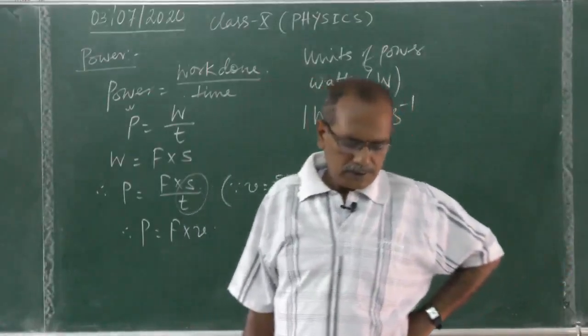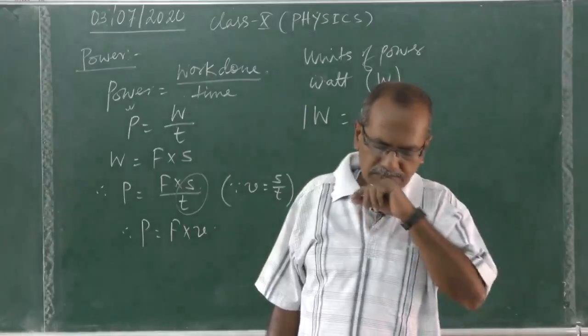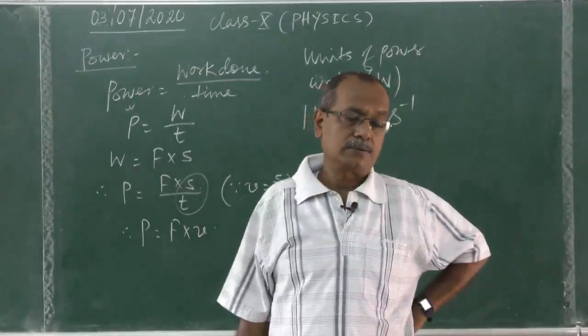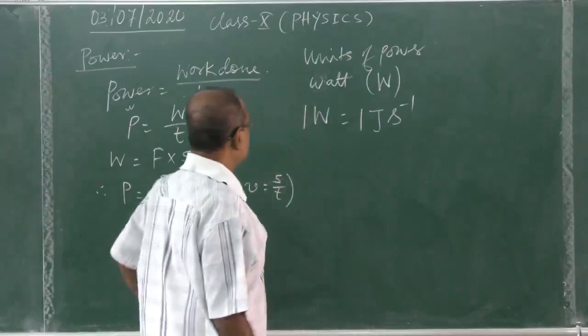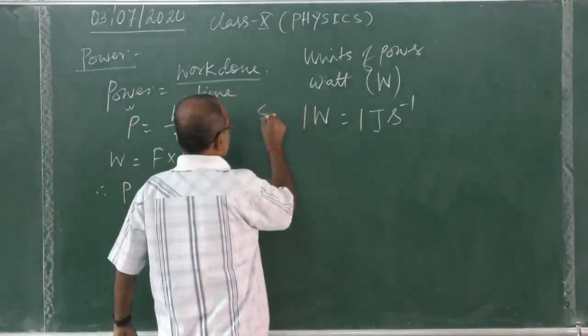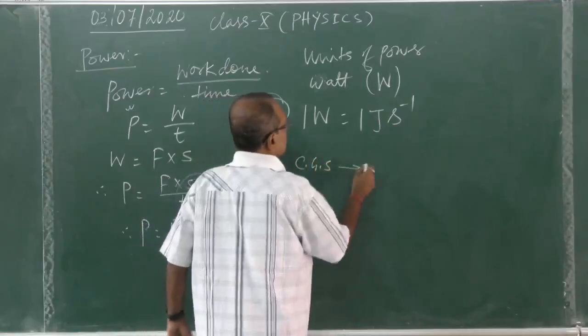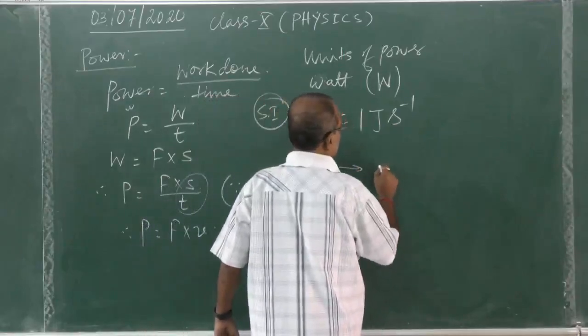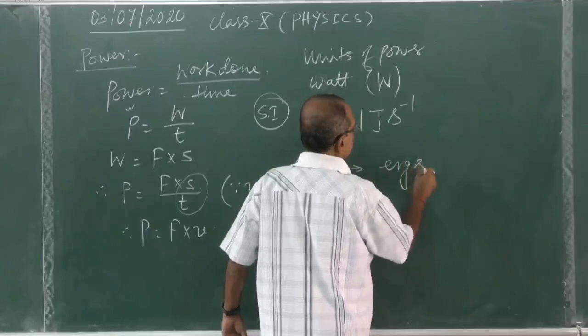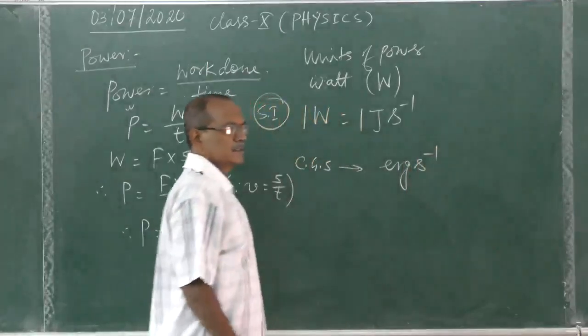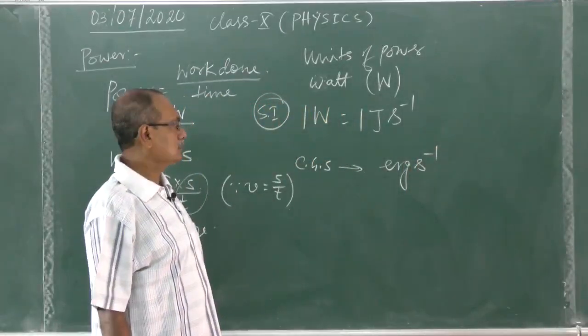Okay. Now the other unit, CGS unit. This is SI unit. Now CGS unit is erg per second.